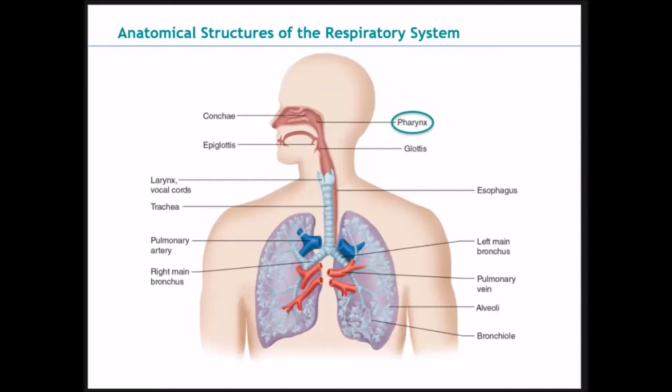Our nose leads to our nasal cavity, which leads to our pharynx, which I have circled right here. The pharynx will then lead to our larynx. You see that our esophagus is right behind the larynx. What we want to focus on is the larynx and where it leads down to the lungs.